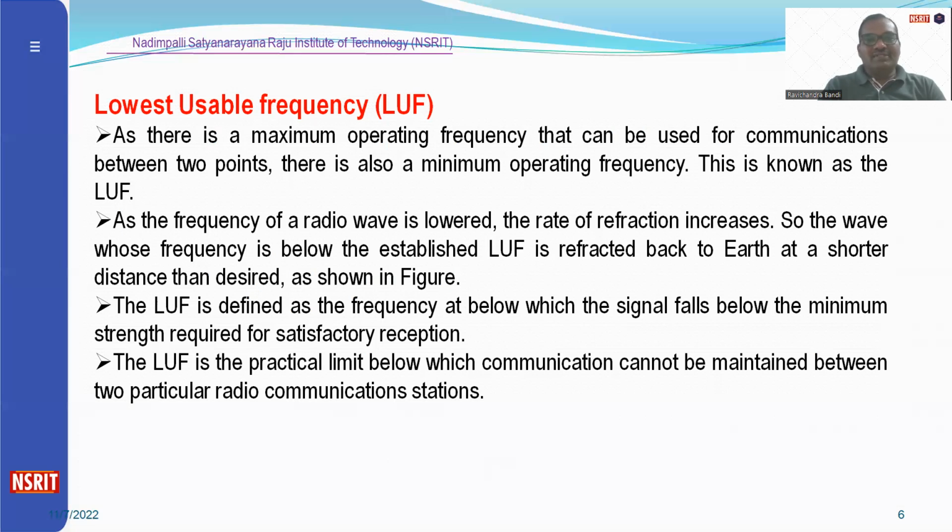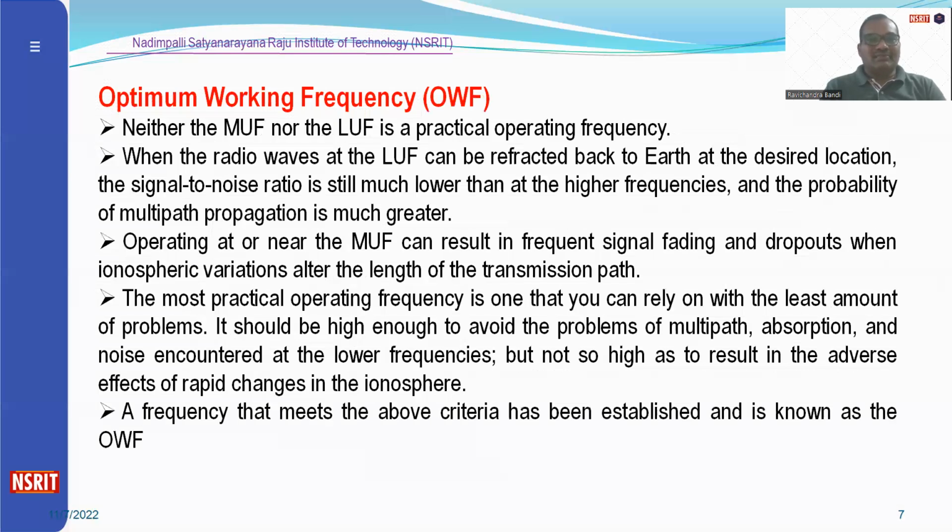The LUF is defined as the frequency below which the signal falls below the minimum strength required for satisfactory reception. The LUF is the practical limit below which communication cannot be maintained between the two radio communication stations, that is, transmitter and receiver.